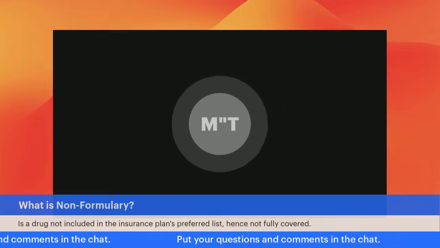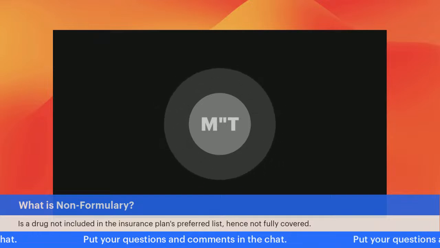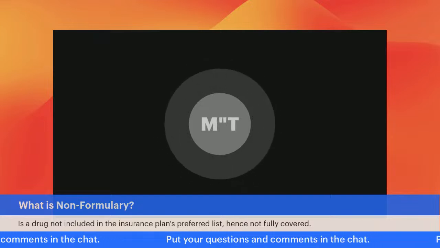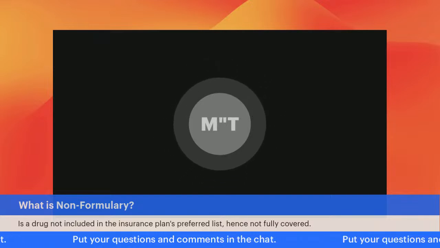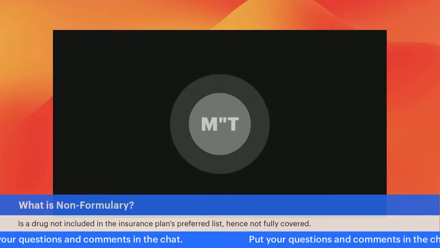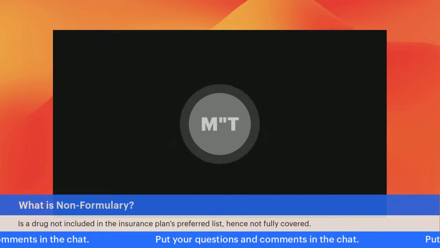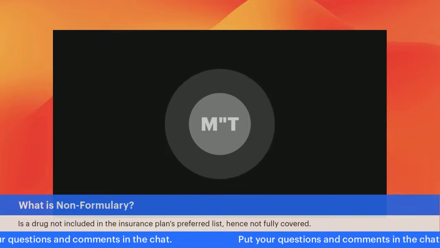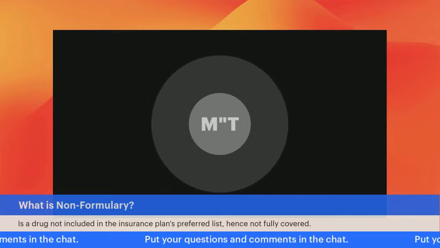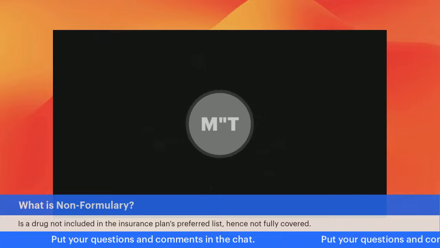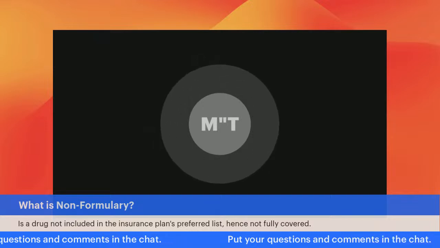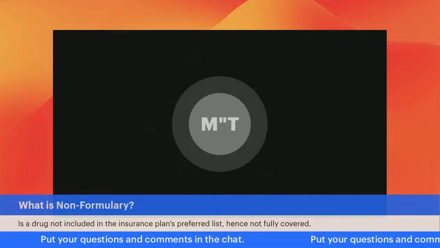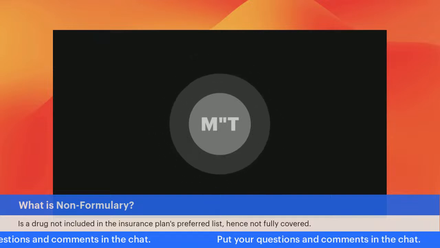It's a generic mandate, which means when I get amlodipine, I'm going to get a generic because that is the insurance requirement for that particular medication. Okay. So, what is considered non-formulary? That's when it gets crucial. It's a drug that's not included in the insurance preferred list. Hence, it's not fully covered.